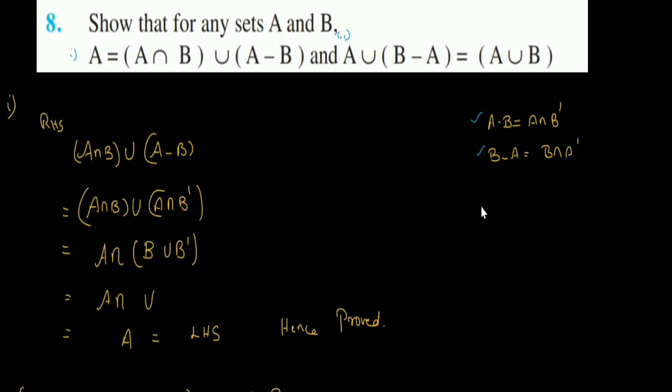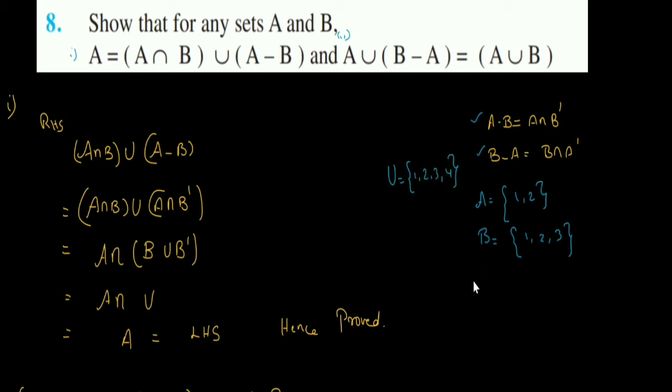We can prove this by taking one example. Suppose you take A as {1, 2} and set B as {1, 2, 3}. We need a universal set, so we will take it as {1, 2, 3, 4}.